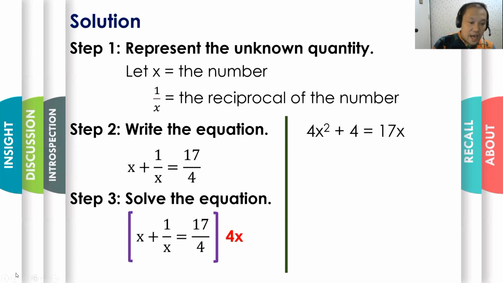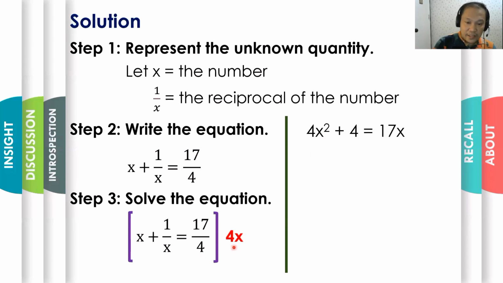The question is, how did we arrive at this equation? Remember, when 4x is divided by 1, which is the imaginary denominator of our x, the answer will be 4x. After getting the quotient, which is 4x, multiply it to your x. Thus, you have 4x squared.